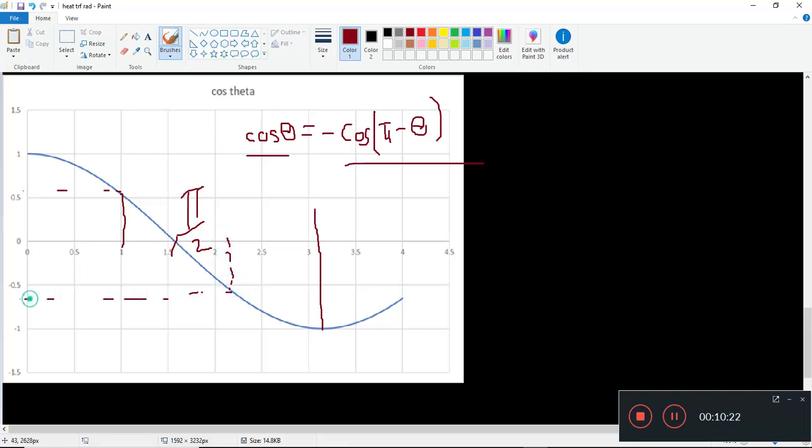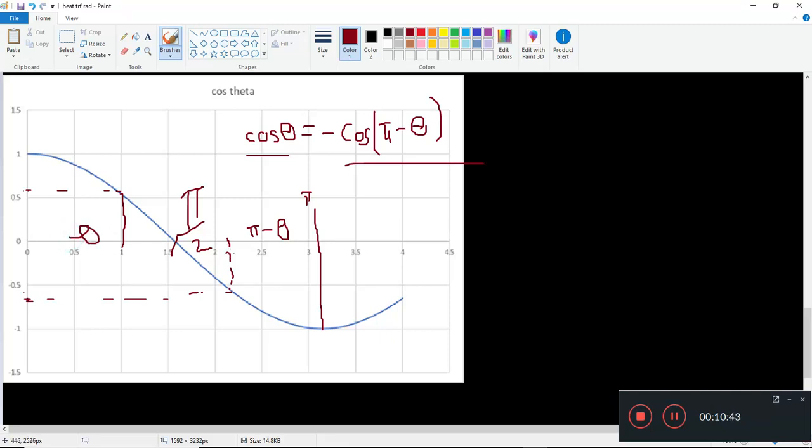So this is the negative of this. This is pi, this is pi minus theta, and this is theta.